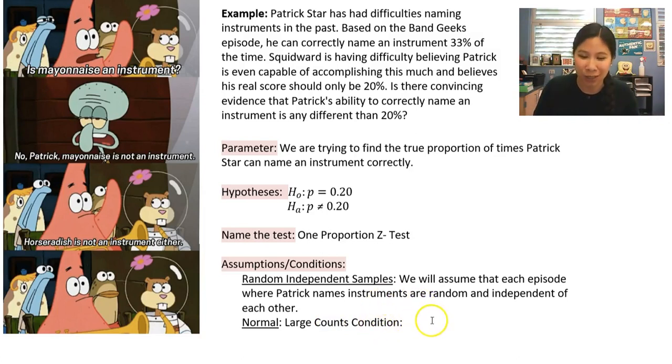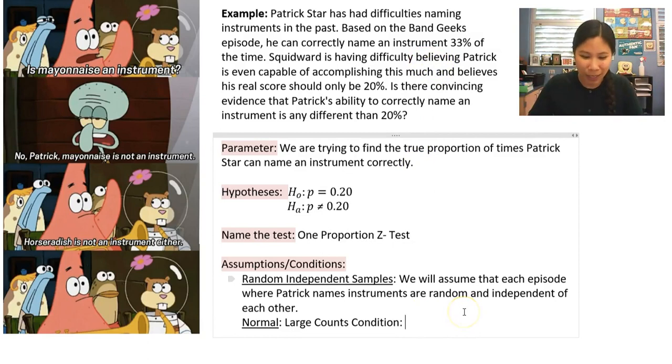Well, also awkward here is because n for us in the Band Geeks episode, he only tries to name an instrument 3 times, and he gets it correct 1 time to get our proportion of 33%. So n for us is really just 3, which is not a good sample size, whether or not p is a good number or not. 3 for your sample size is no bueno, but we will go with it.